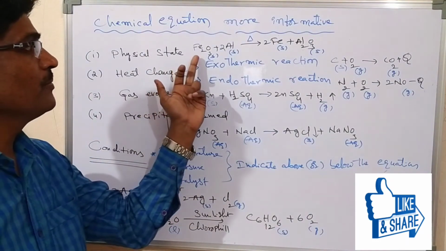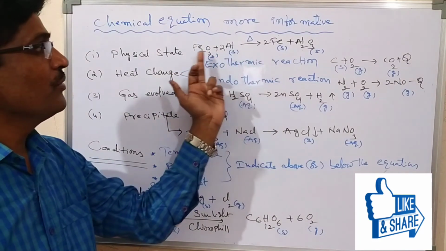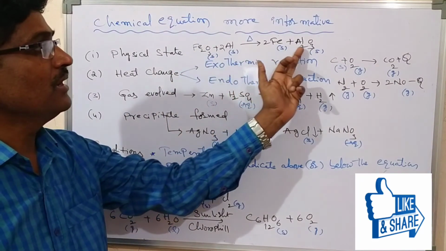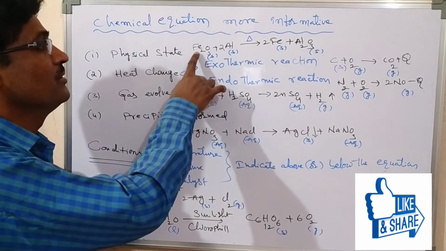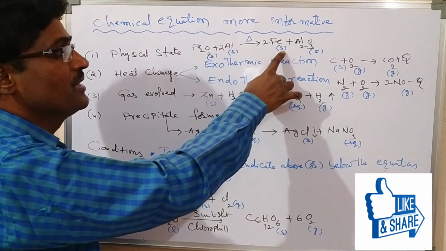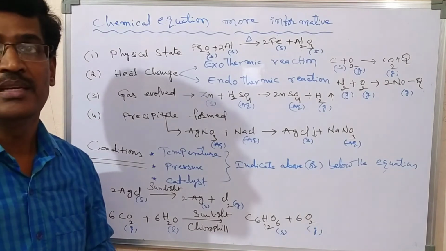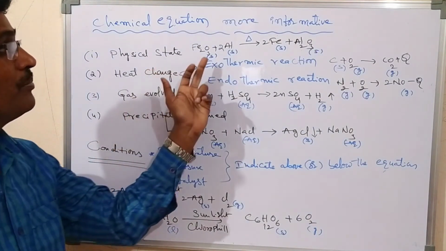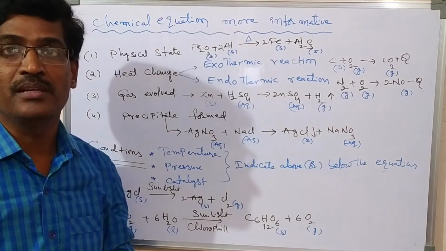Okay, take one example: iron oxide and aluminium. What is it giving? Iron and aluminium oxide. As you see, these are solid, so the physical state is solid. After balancing the equation, we are representing the physical state.